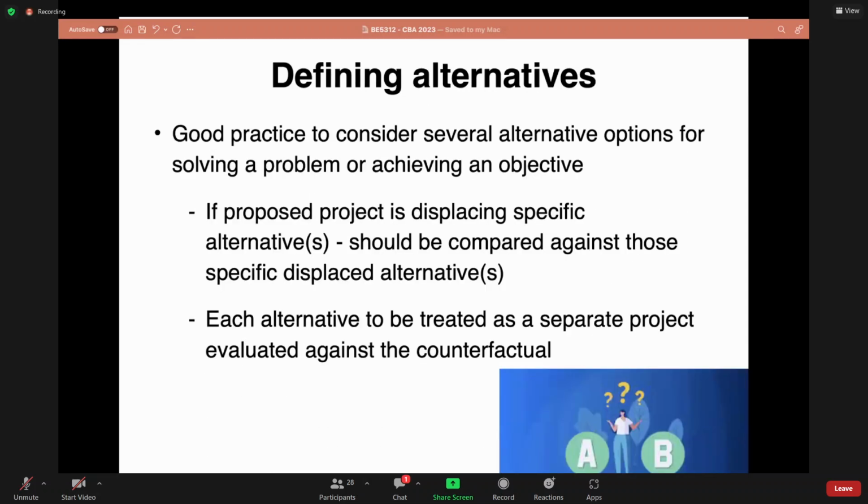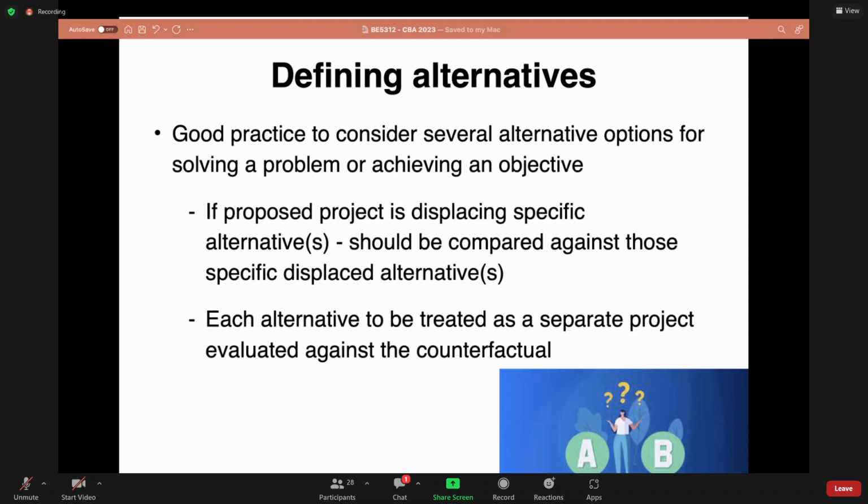So maybe comparing each and every one of those small changes, different alternatives, will not be practical. So you, as a CBA analyst, will have to select a set of, say, most likely scenarios or options for analysis.